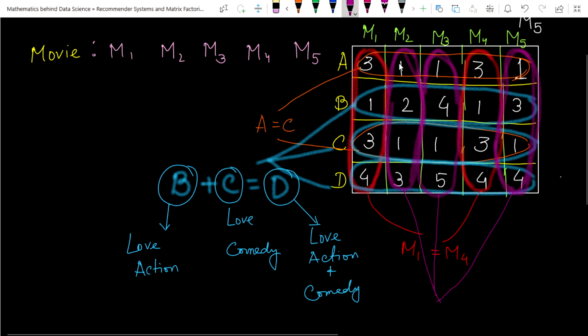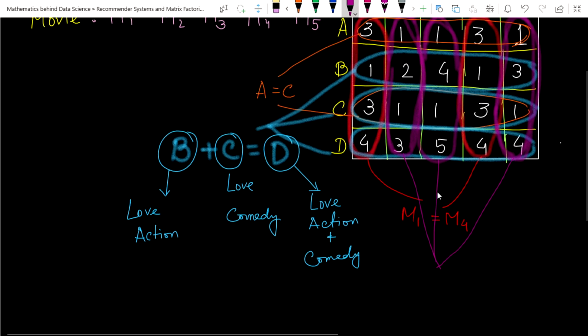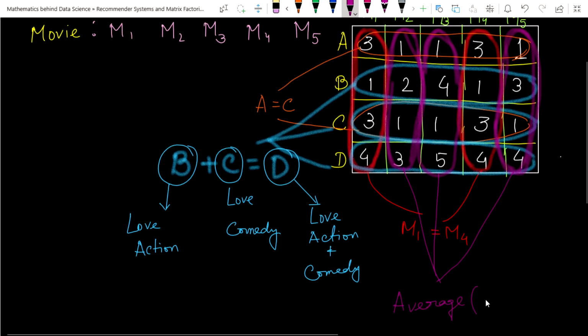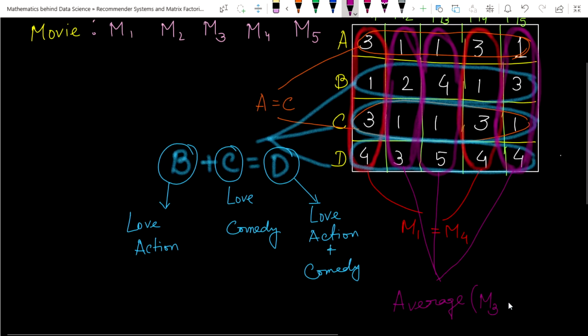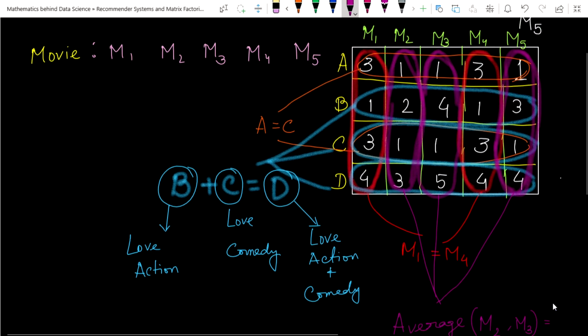Now these three columns, M2, M3, and M5. That means the average of M2 and M3 is equal to M5.